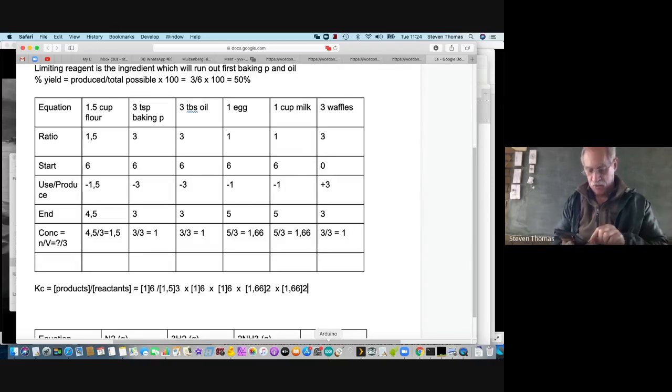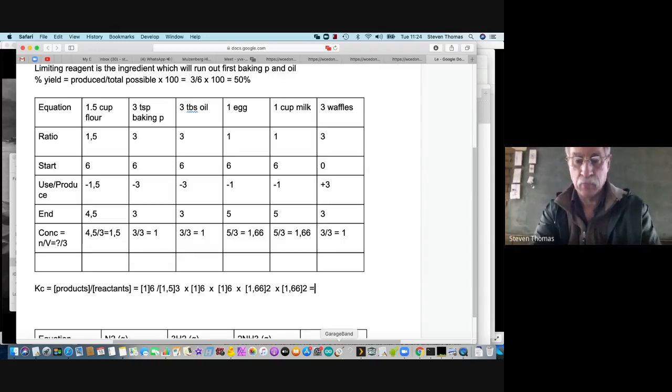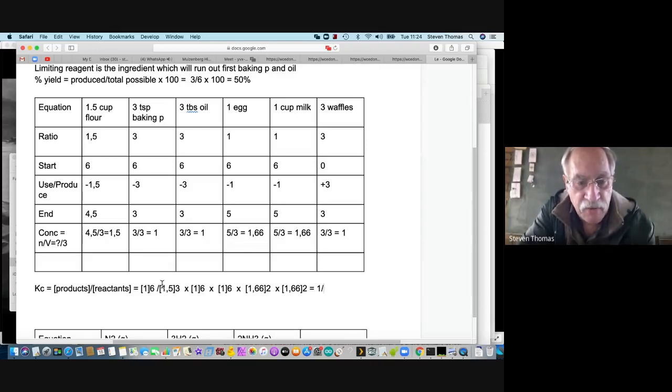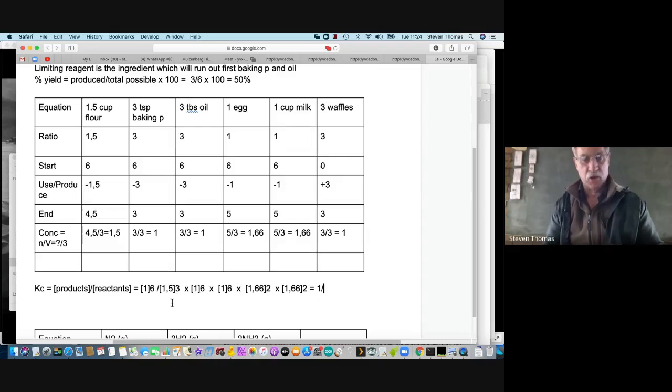Okay, 1 raised to the power of 6 is just 1 still. 1 times 1 times 1 times 1, 6 times, divided by, okay, 1.5 times 1.5 times 1.5 times 1 to the power of 6, which is still 1. That would be 1.66 times 1.66 times 1.66 times 1.66. Okay, let's get an answer because I'm curious.